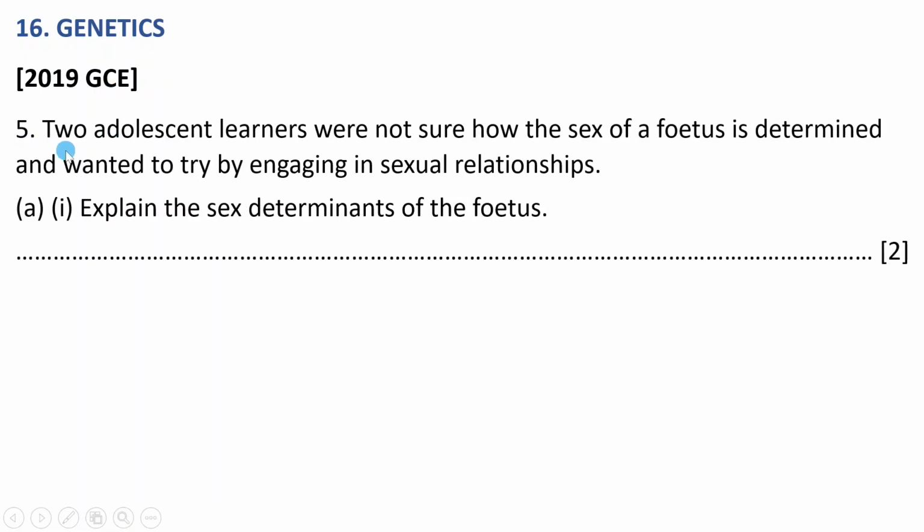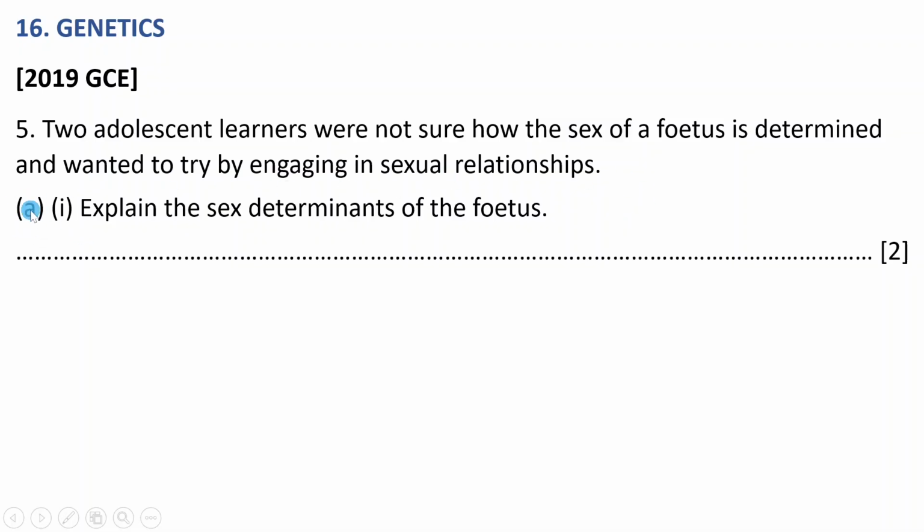There was a question which came in 2019 GCE, and the question was question 5. Always genetics comes on question 5 from section A. The question was: two adolescent learners were not sure how the sex of a fetus is determined and wanted to try by engaging in sexual relationships.